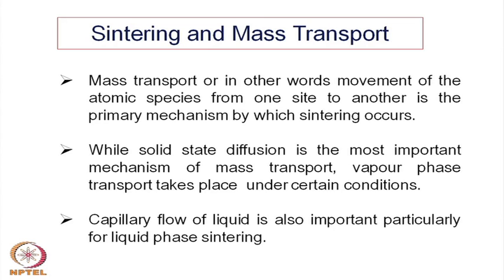The other possibility is the vapor phase, which means from the surface the material gets evaporated to the vapor phase and then gets deposited somewhere. So, it may be within that material or it may be outside the material. So, it is a kind of evaporation and condensation, one can say.